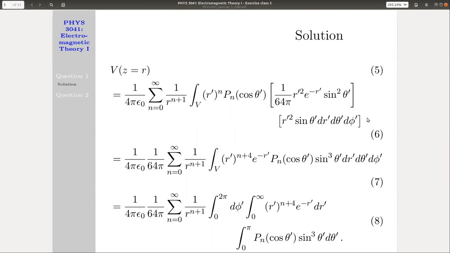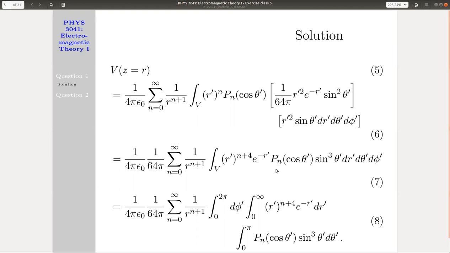In equation 7 here, we grouped all the r prime terms together. So we have r prime to the power n and r prime squared and another r prime squared, so we have n plus 4, and also the exponential term, e to the power minus r prime.